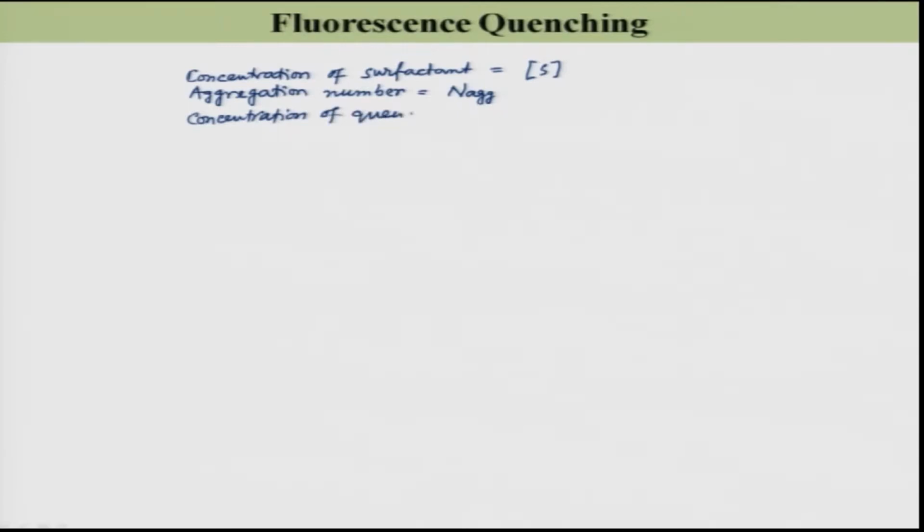Here, the first term I am going to define is the concentration of surfactant. Let me use the symbol S to denote this. Aggregation number, let us say N_AGG, as I said earlier. Concentration of quencher, let us denote it as Q as usual.